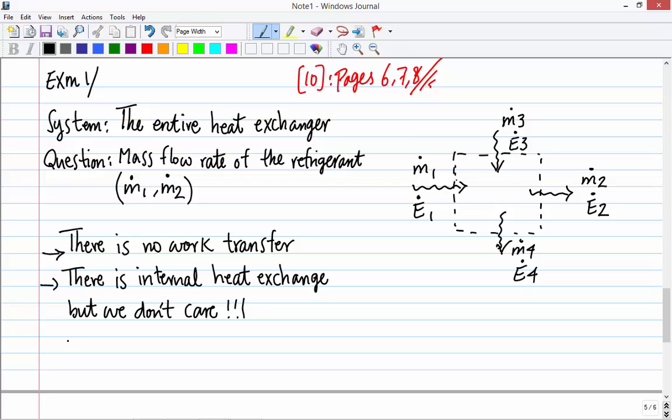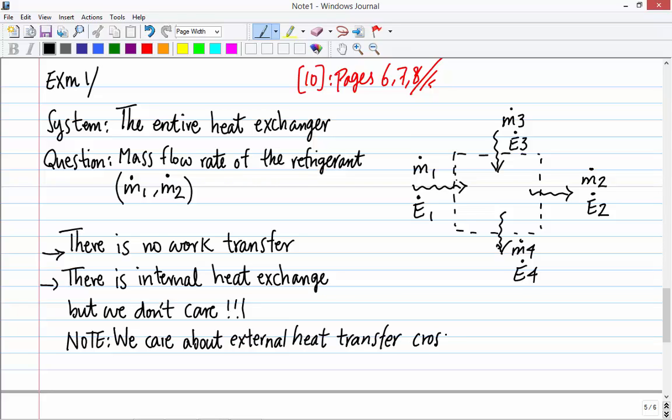So let me put a note that we care about external heat transfer crossing the system boundaries.